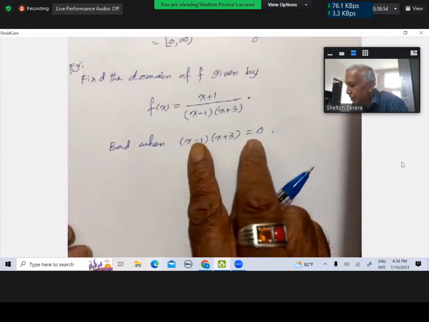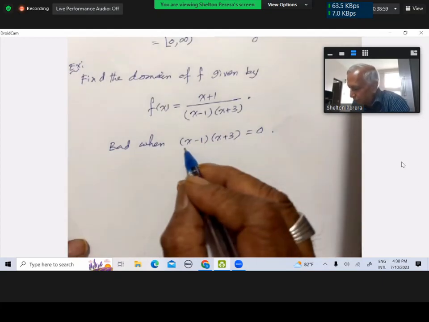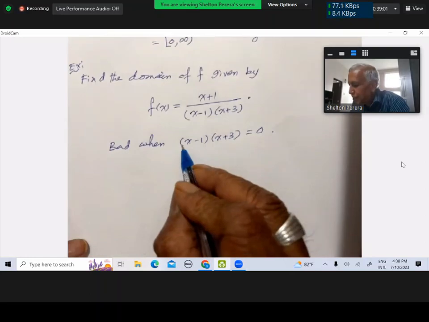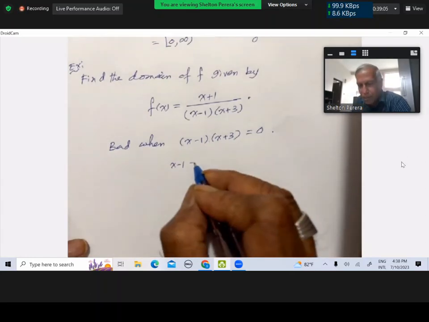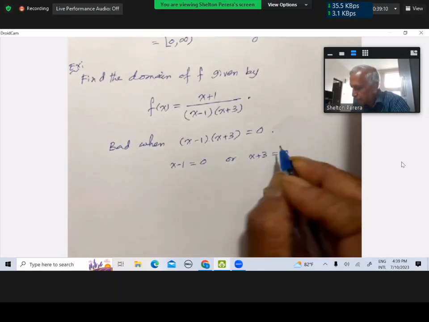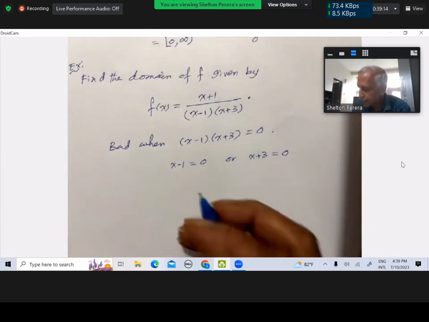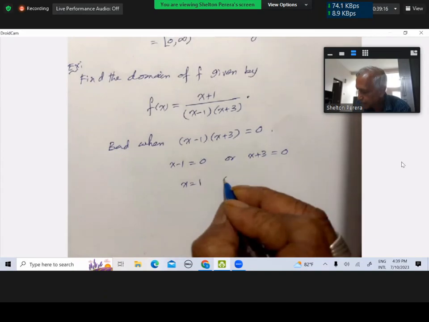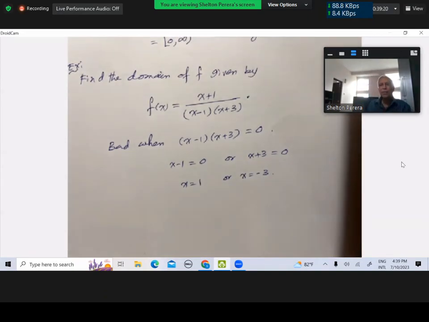Now solve this. It's in factored form, so we get x minus 1 equals 0 or x plus 3 equals 0. This is the same as x equals 1 or x equals minus 3. So it is bad when x is equal to 1 or x is equal to minus 3.